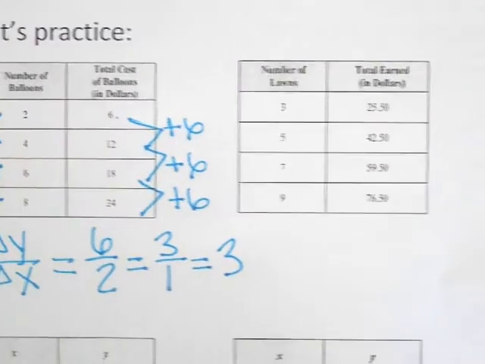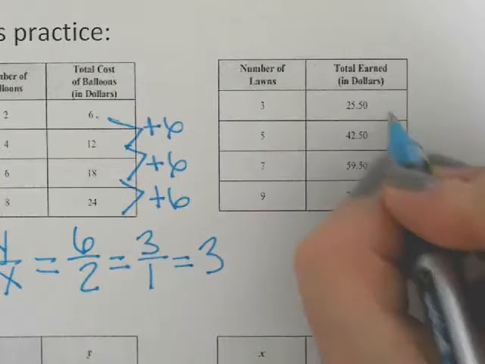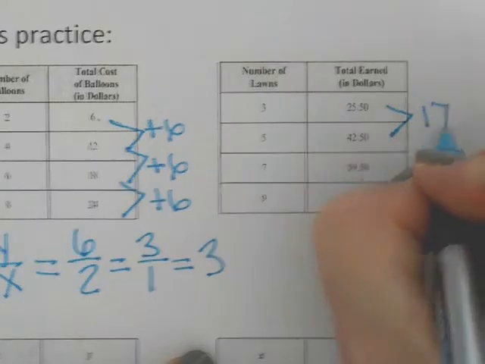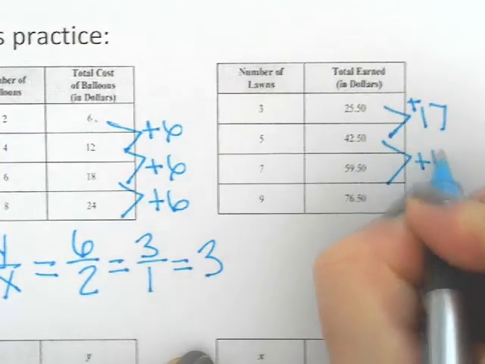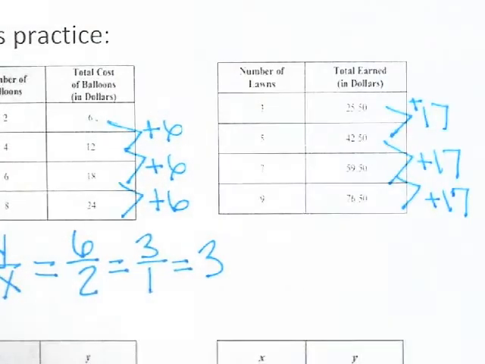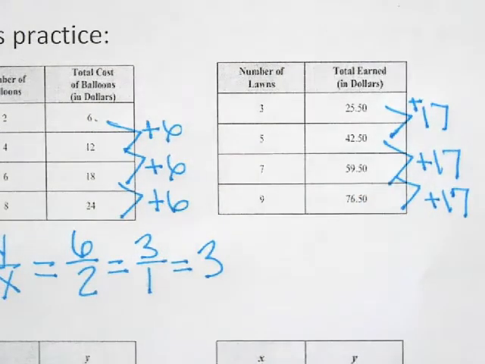On the next example, remember my formula, change in y over change in x. So I'm looking at my y values from $25.50 to $42.50. My difference is 17. So plus 17, plus 17, plus 17, so the differences between all of my y values is increasing by 17.